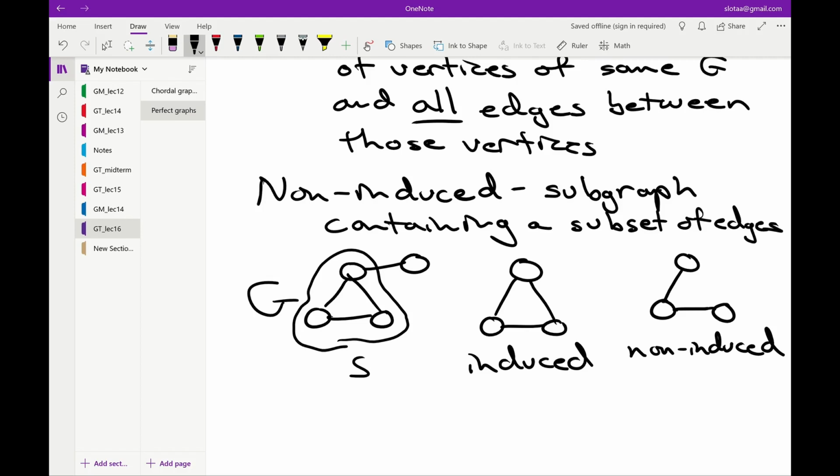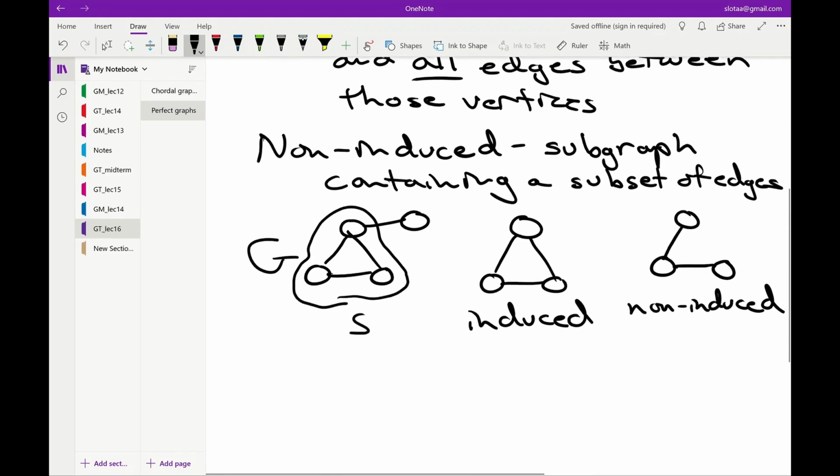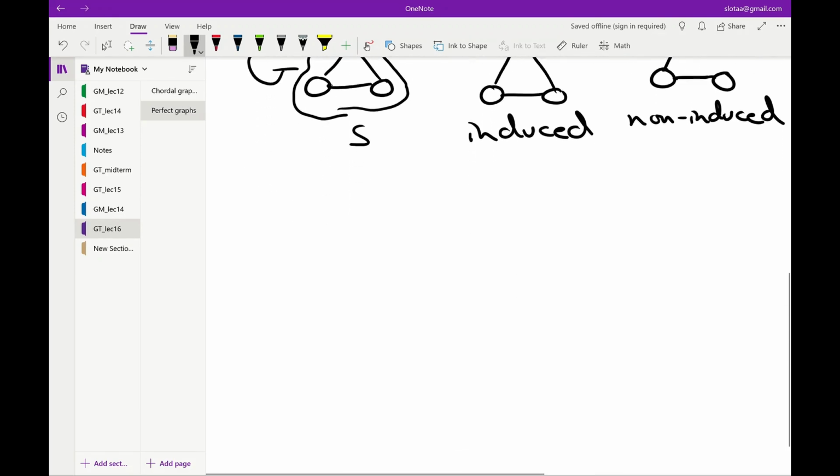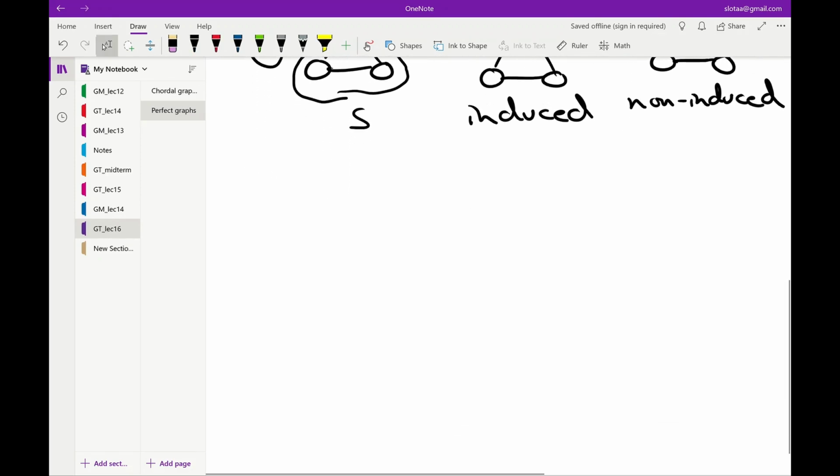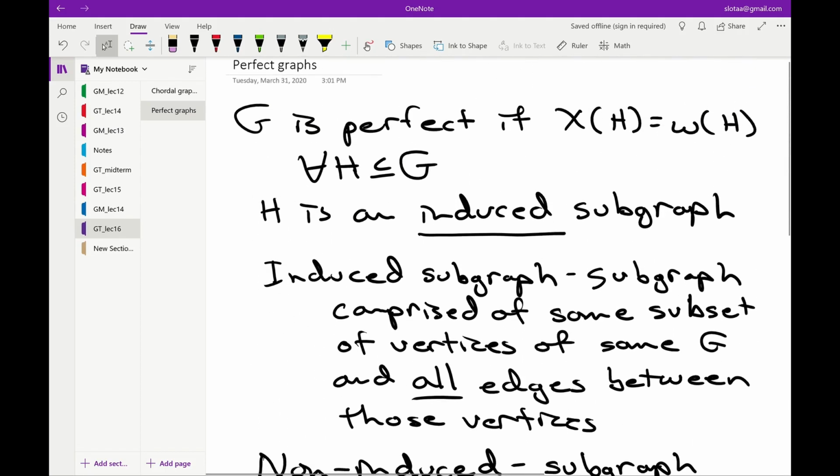In effect, inducing essentially implies that we're bringing all edges along with us for the ride. Maybe not the best way to put it, but it's a way to put it. So that's just an important distinction that we should bring up right now.